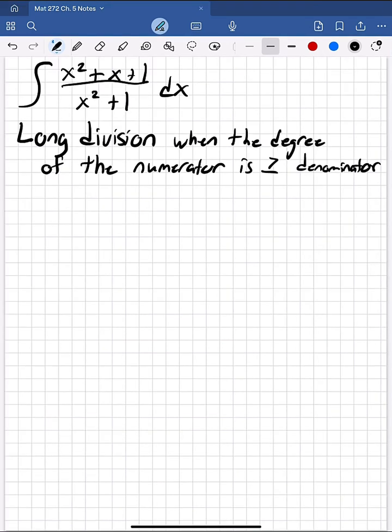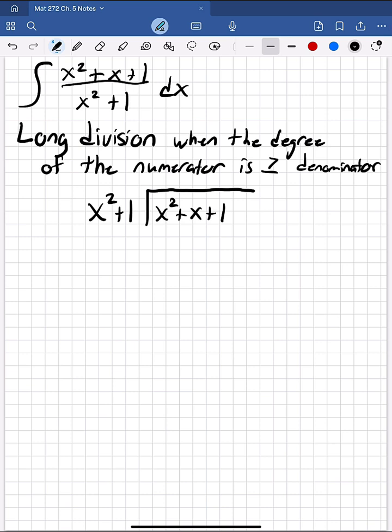Okay, so now we can use long division to simplify this. So we're saying x squared plus 1 is going to divide x squared plus x plus 1. Okay, so just using it the same way as what you see up, x squared plus x plus 1 divided by x squared plus 1. That's all I have rewritten.